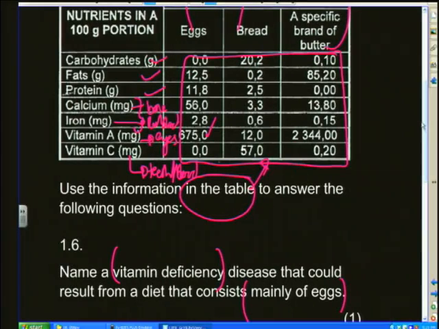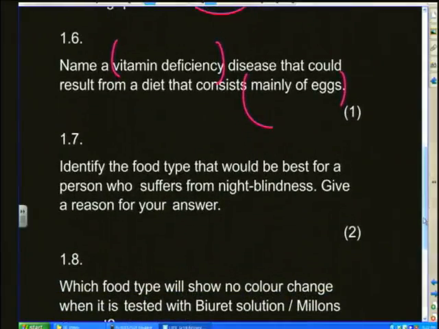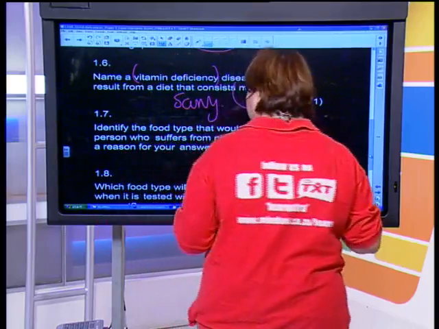No. But what do eggs not have? If I only ate eggs, I wouldn't get any vitamin C. And if I don't have vitamin C, what is the deficiency disease? Yes, I'm sure your teachers showed you all scary pictures. Scurvy. Your teeth start to fall out, the blood vessels. Not very pretty at all.